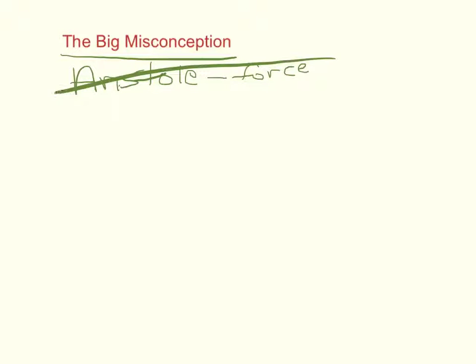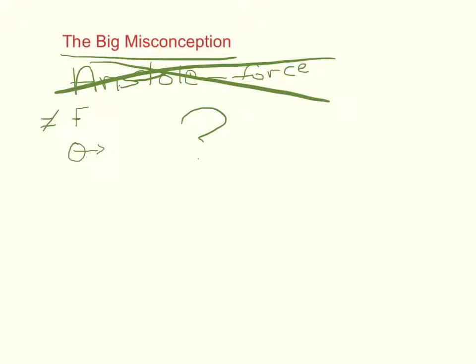Now, we found out through the work of Galileo and then later on with Newton that that is just not true. An object does not require a force in order to keep moving. That is where we get the idea that an object in motion will stay in motion in a straight line and at a constant speed.